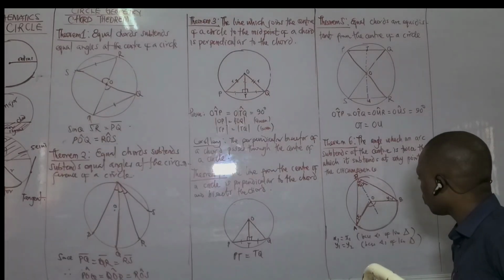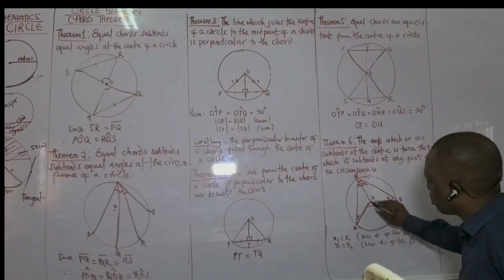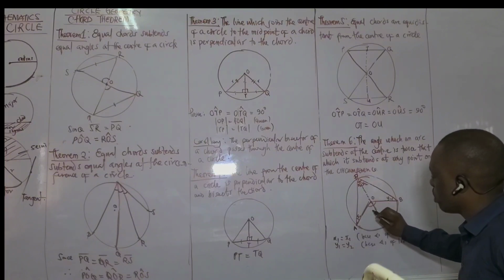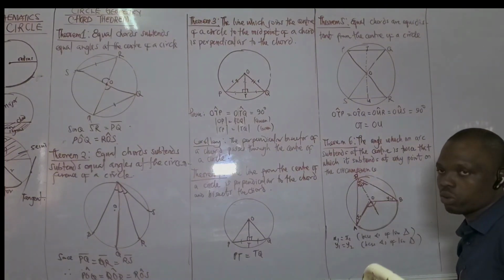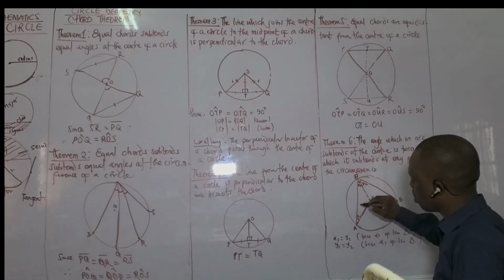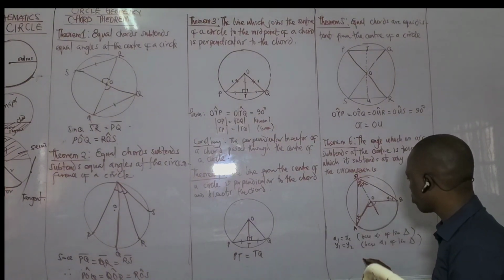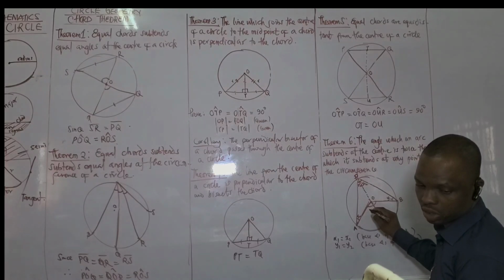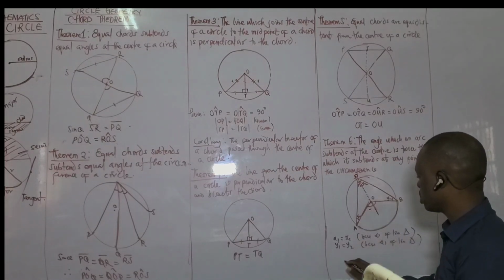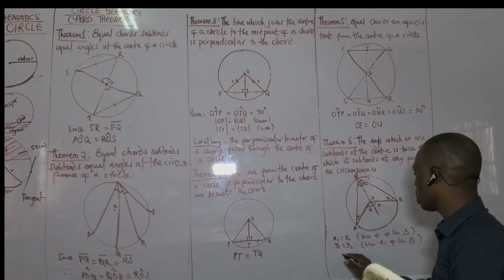From here, we can see that from line geometry, one of the theorems says that the exterior angle of a triangle equals the sum of the opposite interior angles. So from here I can say that this angle here, let's call this A, let's call this B. A equals S1 plus S2.